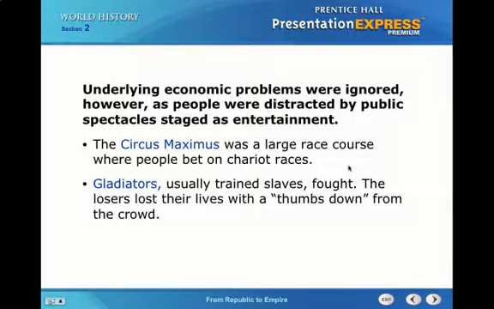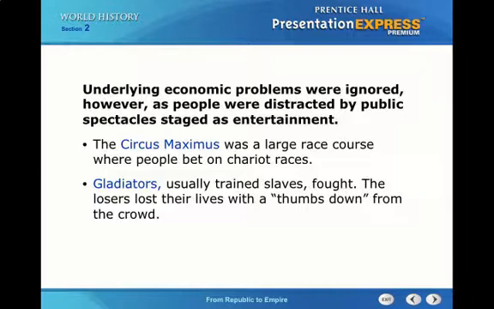However, these underlying economic problems are being ignored, and public entertainments are just there to distract the people. It doesn't really solve anything. And so when we look at these two things that are designed to keep people busy and entertained, it really is hiding these underlying problems.